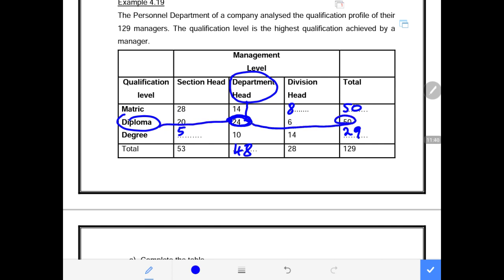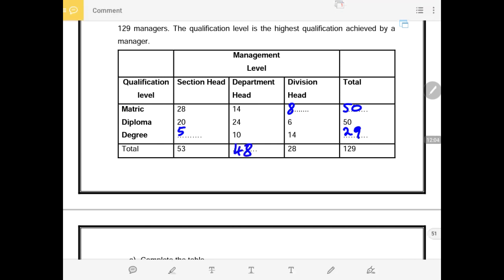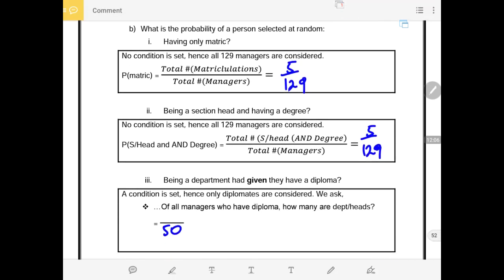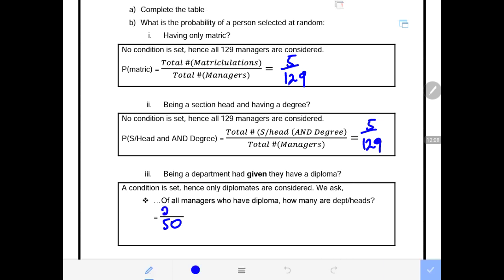So we don't take the total, no, we stop where it says given. So that will be 24 divided by 50. This will be our probability: 24 divided by 50.